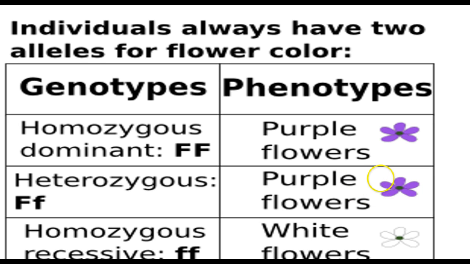But we're going to see the dominant trait, which is purple. In our last example, if it is homozygous recessive, meaning the gene we will write down to represent this will be lowercase f, then that tells us that our flower will be white because white is recessive to the dominant color of purple. Let's do some problems.